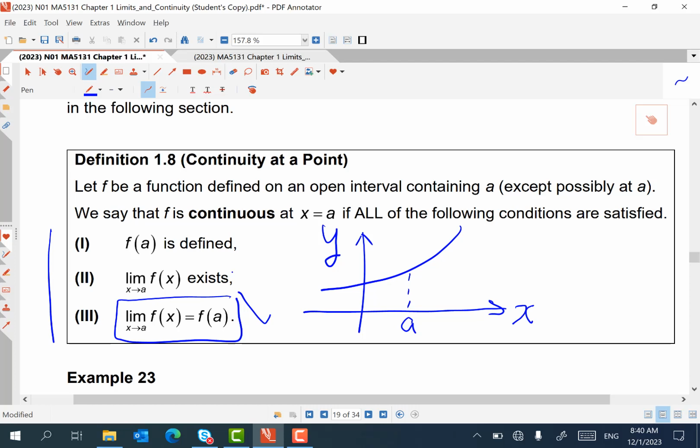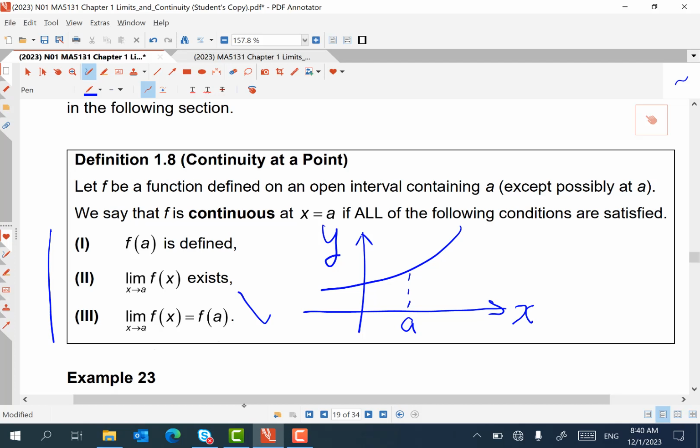If the third statement is true, then this number must be defined, and this limit must exist. So technically, only the third one is needed. If you have the third one, you have the first 2.